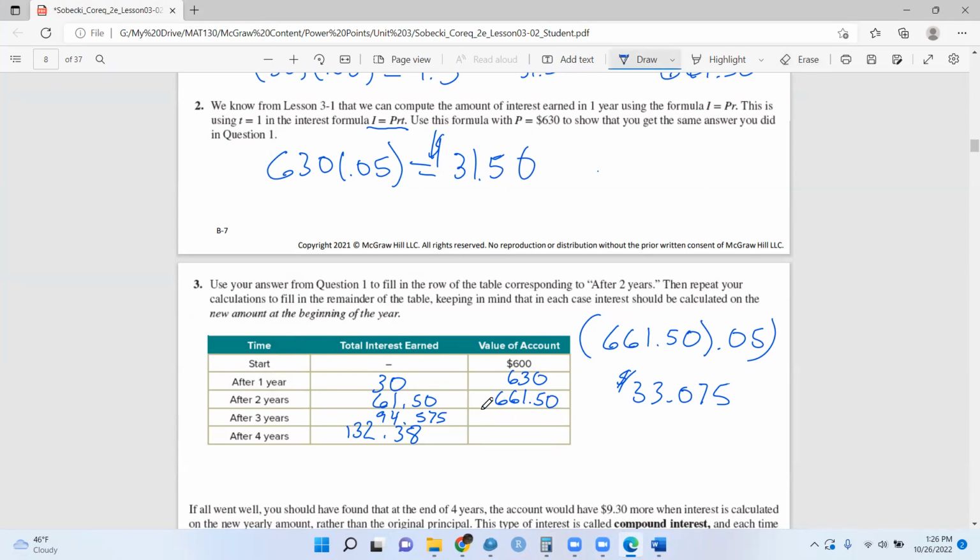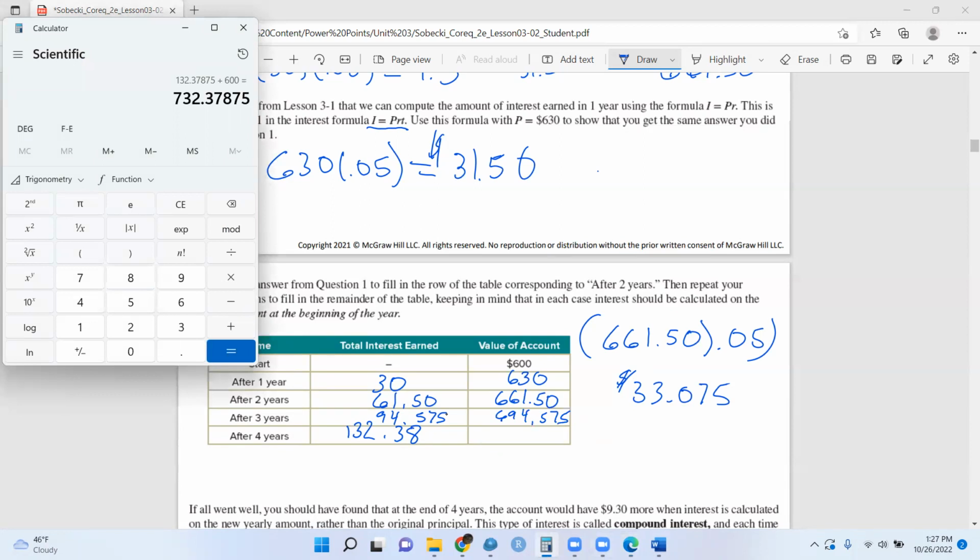Sorry, y'all. So this is the total interest earned after the 3 years. So I need to be adding this to the original amount, not the previous year's balance. So I really screwed this up big time. So this should be 694.575. And then I need to do a new calculation, 694.575 times 0.05.